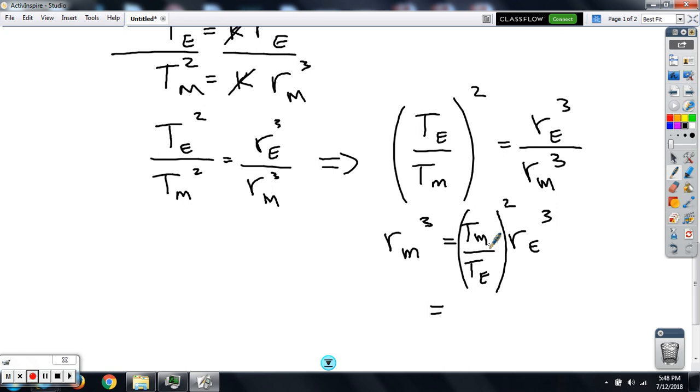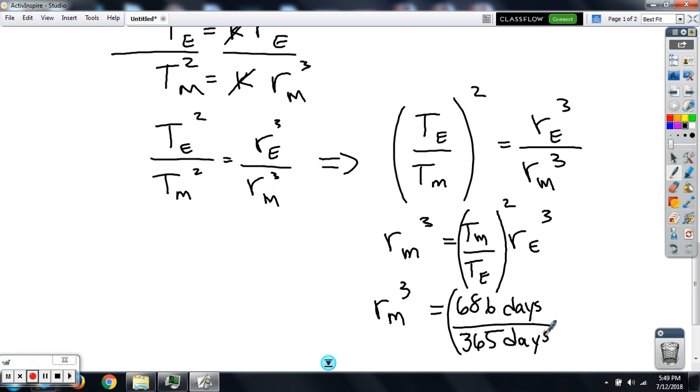So Rm cubed equals 686 days divided by 365 days. I'm leaving the quarter out because it's just 3 sig figs anyway. And then this was 1 AU cubed.